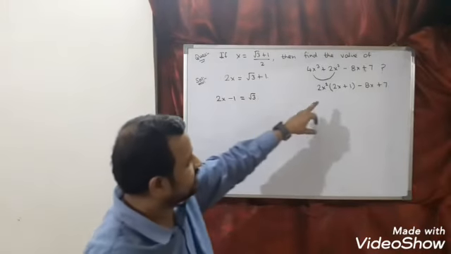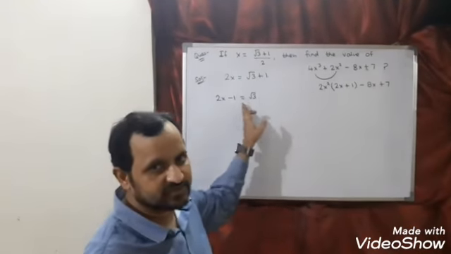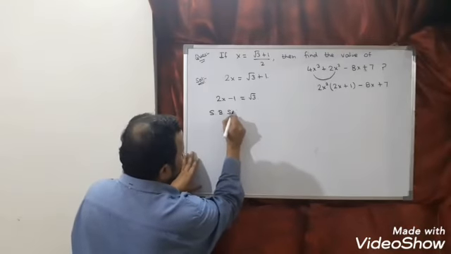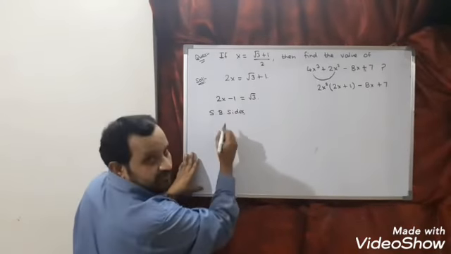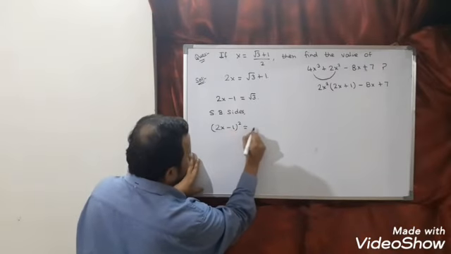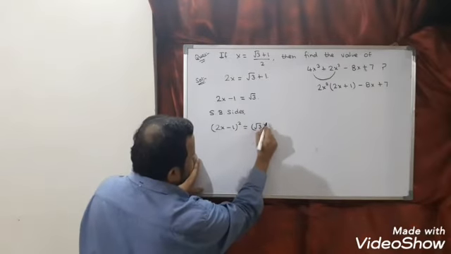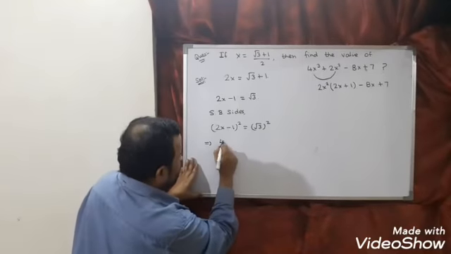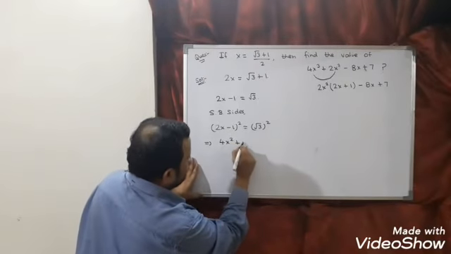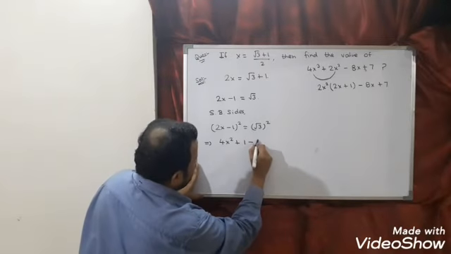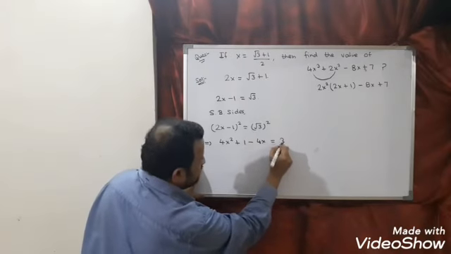Now if you see here, a square root is here, so let us do squaring both sides. What you will get here is 2x minus 1 whole square is equal to root 3 square. Expand: 4x square plus 1 minus 4x is equal to 3.